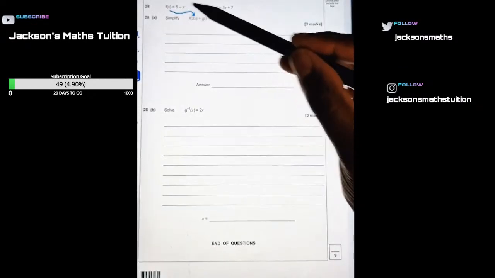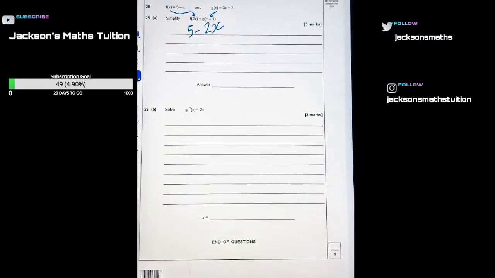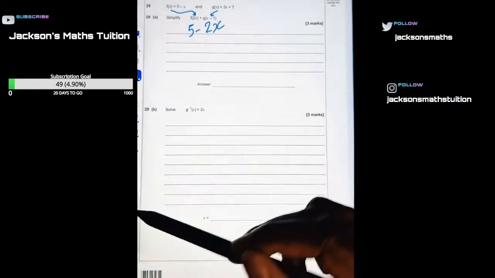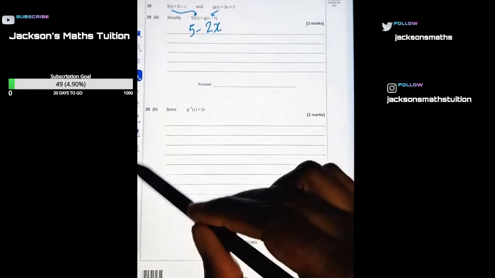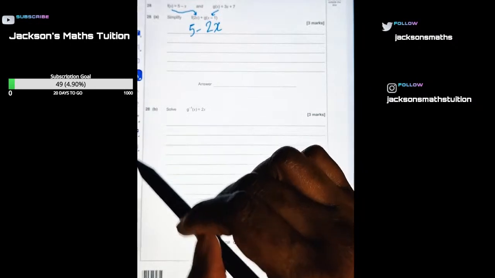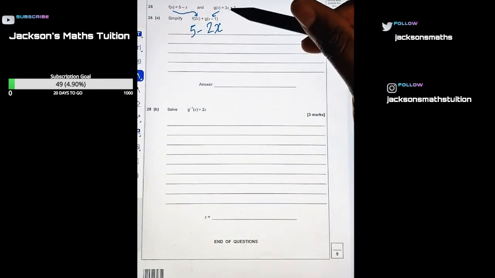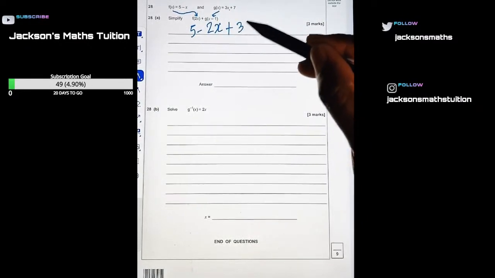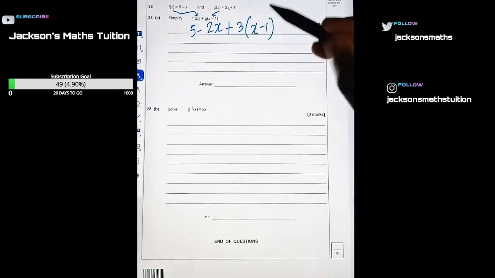All right, you're replacing, so it's just 5 minus 2x. You're taking out the x here and replacing it with 2x. Next, we're replacing the x in the 3x with x minus 1. So that's going to be plus 3 in brackets, x minus 1, and then plus 7.